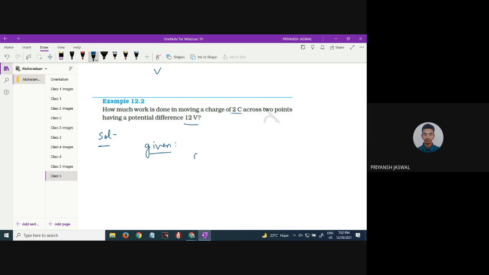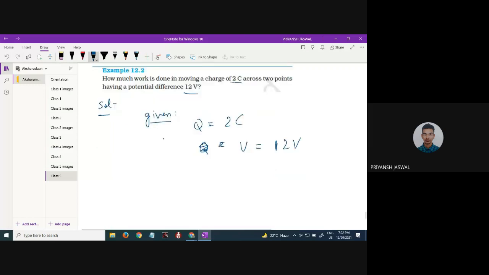So we are given the amount of charge being moved across 2 points and the potential difference across those 2 points is 12 volt. So how much work is done?